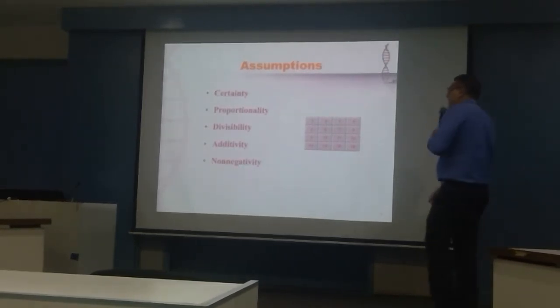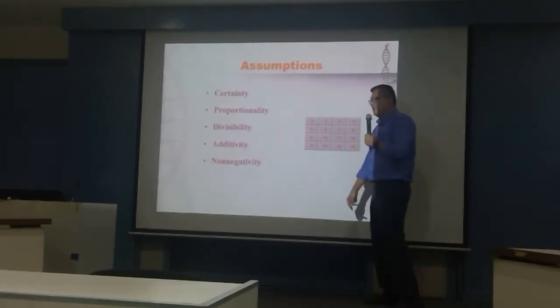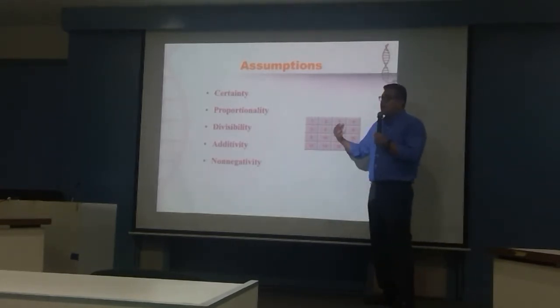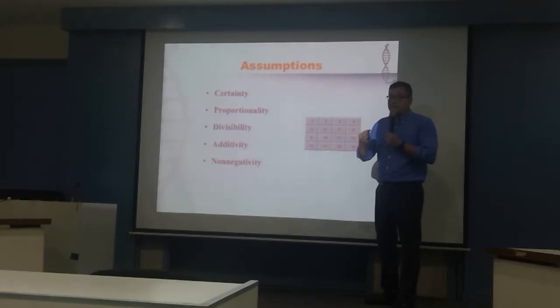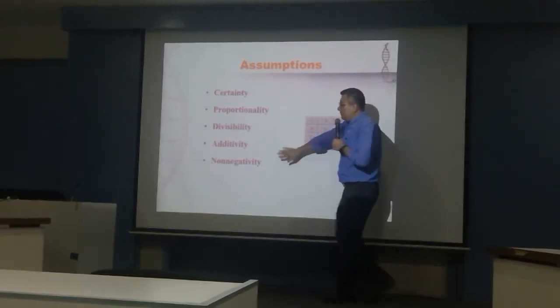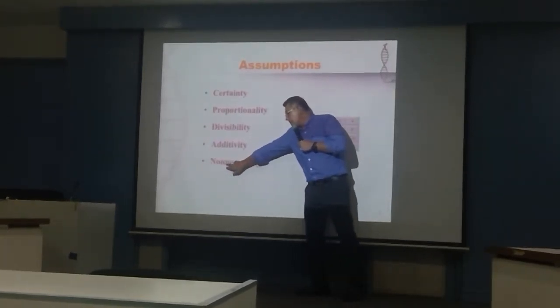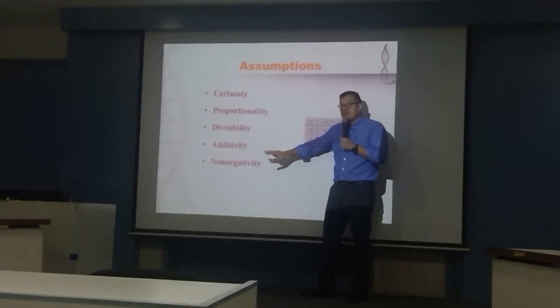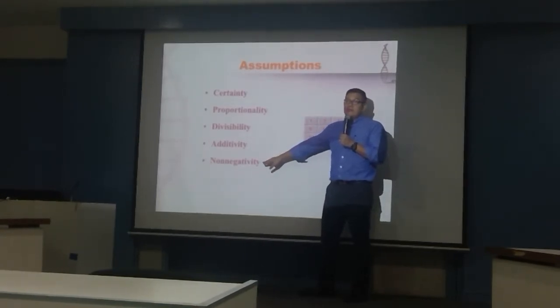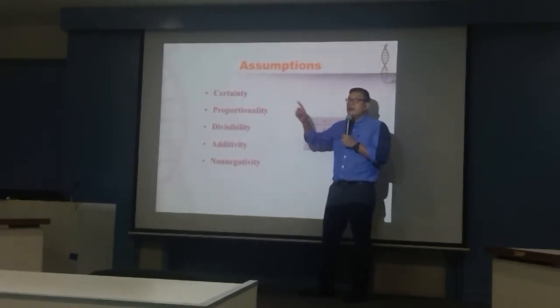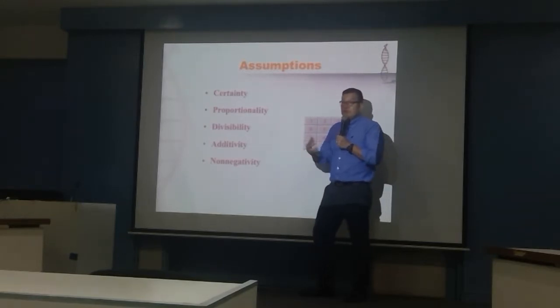They are required to be greater than or equal to 0. But the value of the objective function can be negative. I will show you later what this is. But for now, non-negativity means just only for the decision variables. Decision variables greater than or equal to 0 only, right?